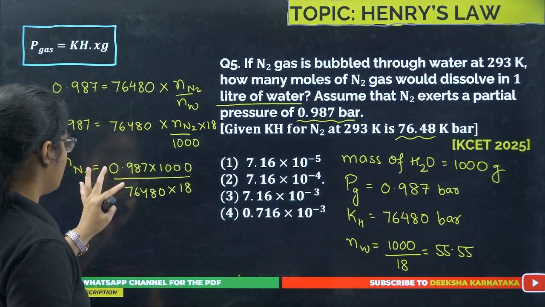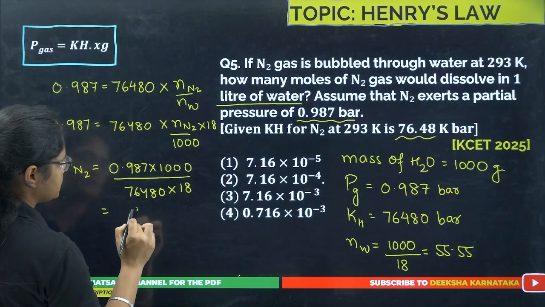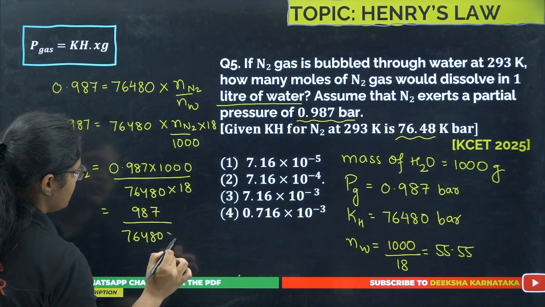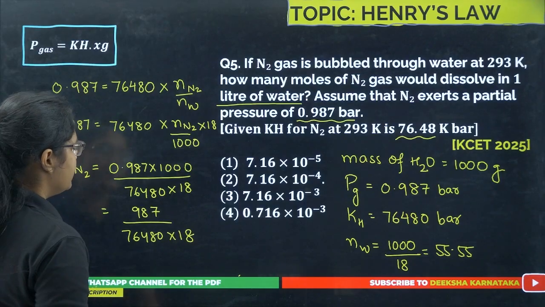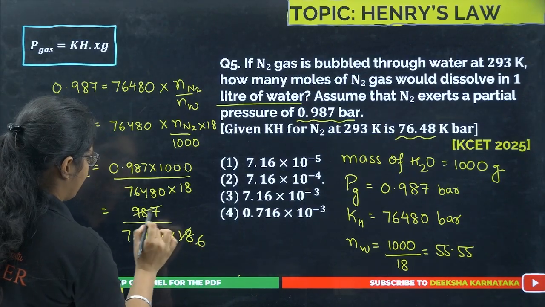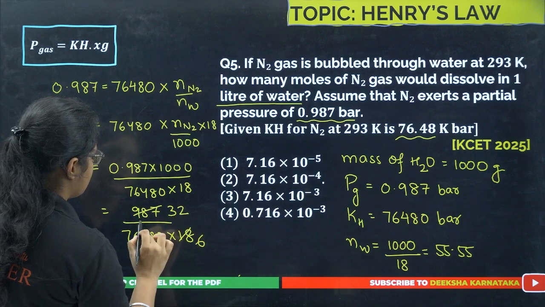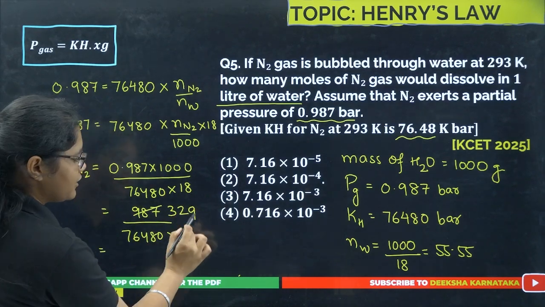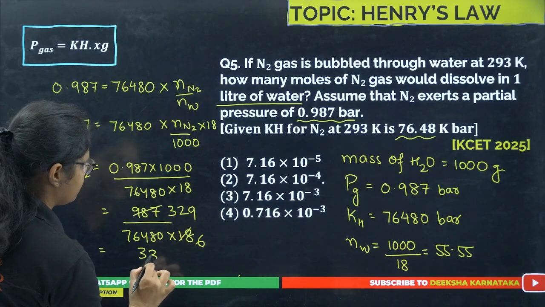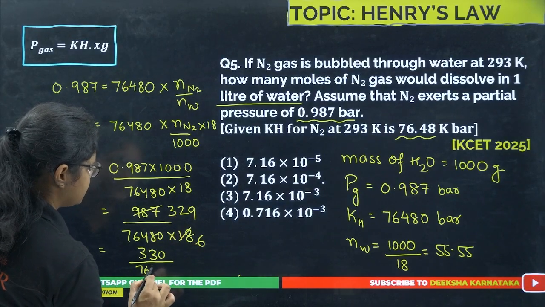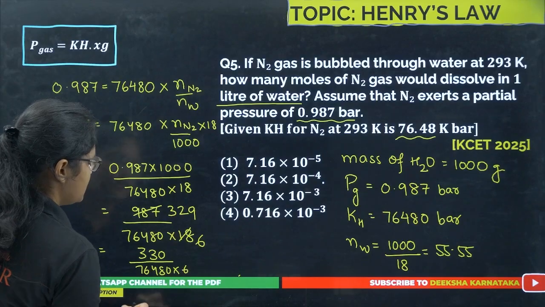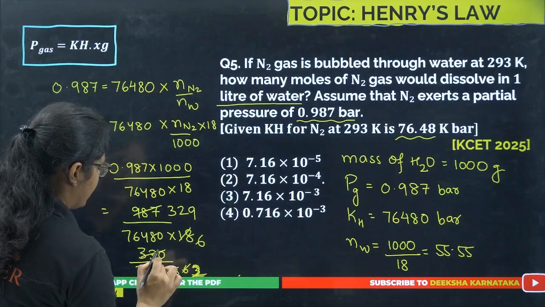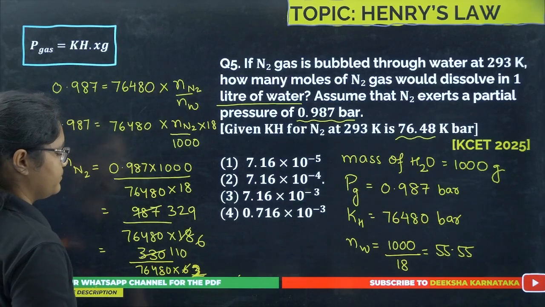Now this 987 into 1000 will become 987 divided by 76480 into 18. Now can I cancel this? 3 6s are 18, 3 3s are 9, 3 2s are 6, 29. For easy calculation, I can round it off to 330 divided by 76480 into 6. Again 2 3s are 6, 3 2s are 6, and I have 110.